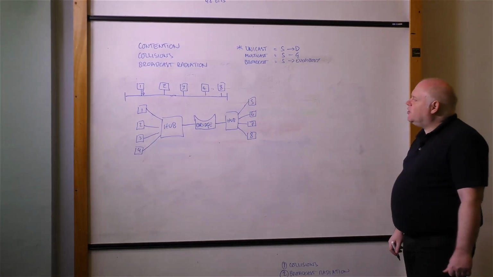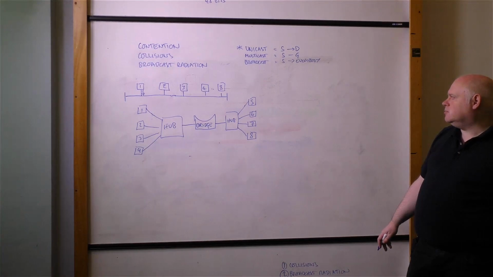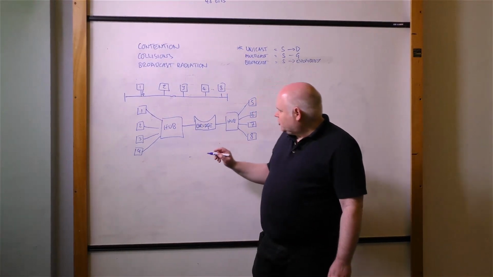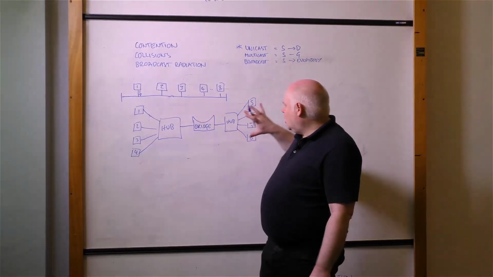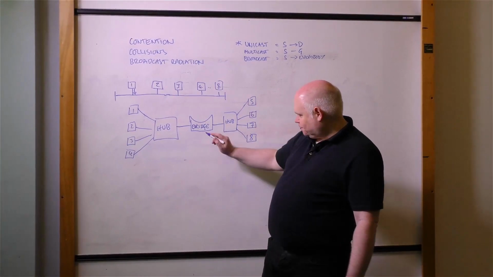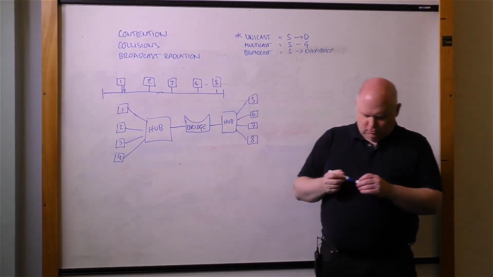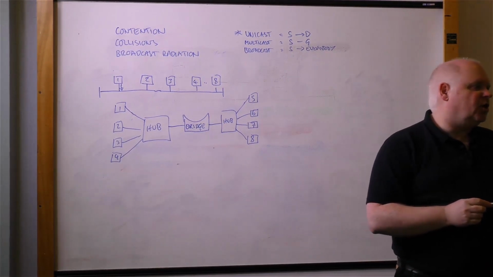But it's not perfect. It helps reduce contention ratios, but we still have issues here. So essentially we have a shared segment over here and a shared segment over here. So the bridge works by running something called the transparent bridging algorithm.